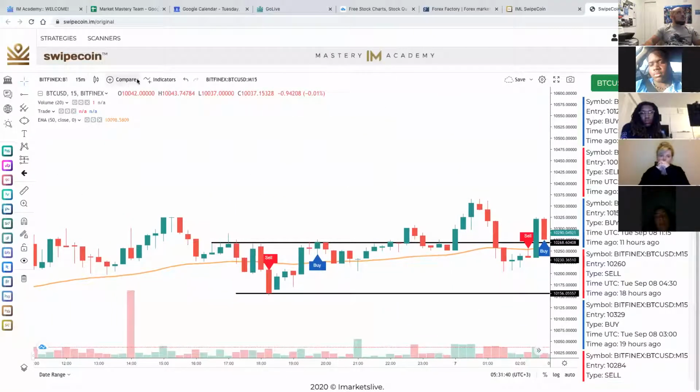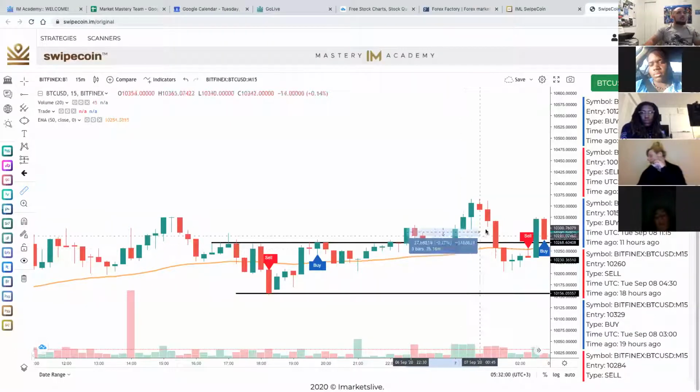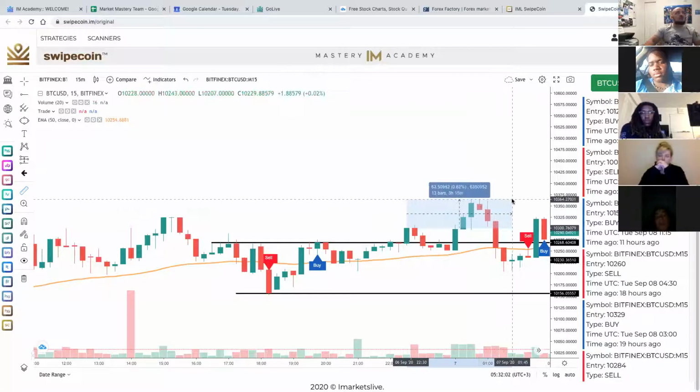But let me tell you what I've been learning from this. It's very accurate when you do it right. Don't wait for the whole move. Here, I would have entered it. You had a little drawdown, actually very close to hitting your stop loss, but then it shot up 63 pips.